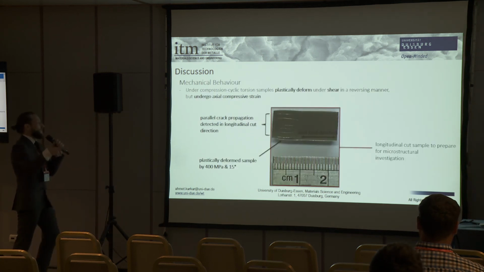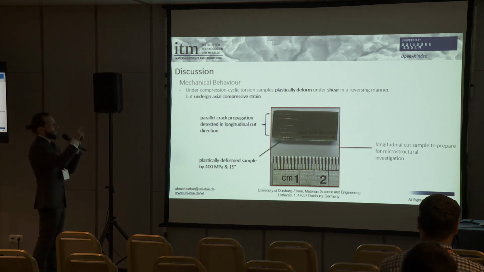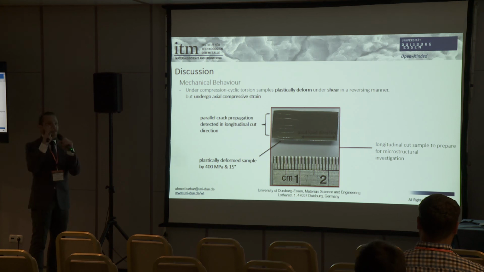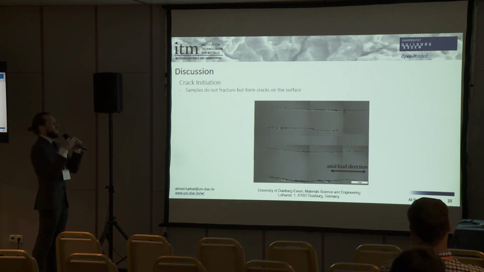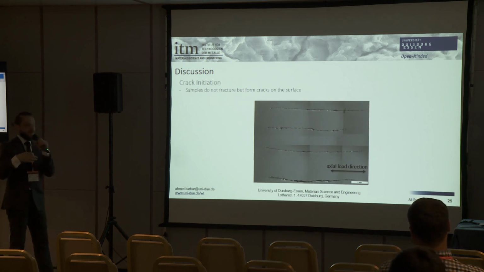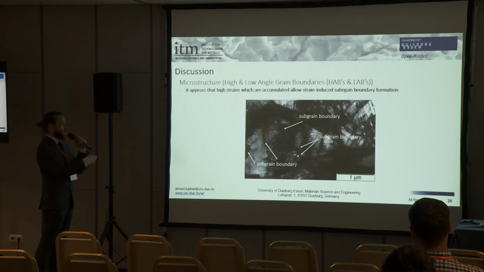And this leads us to the summary and conclusion that with compressive cyclic torsion, the sample undergoes shear, deforms under shear, but undergoes compressive strain. That leads us to the conclusion that the crack propagation starts at the surface of the specimen and evolves into the middle of the sample.